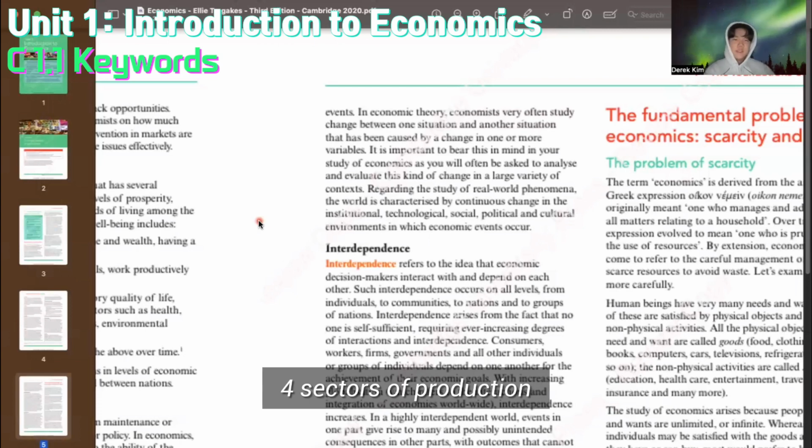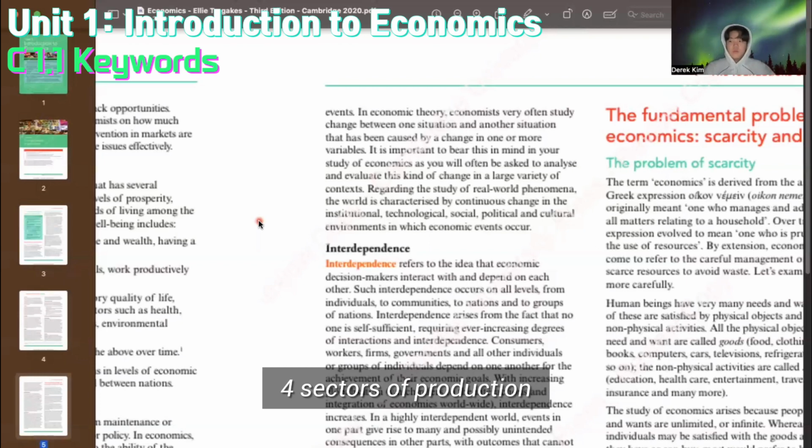So there's a primary sector, which is harvesting natural resources. You don't create anything, you just harvest the natural resources, the natural goods, the free goods that the environment provides us with.